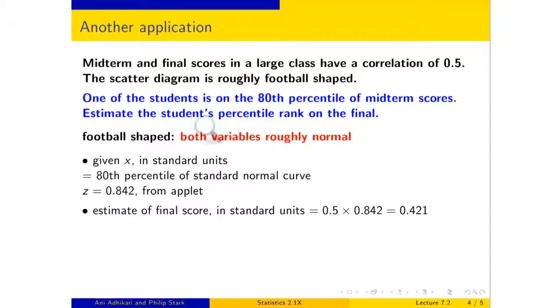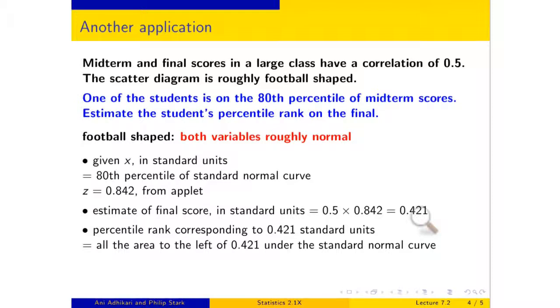Except I'm not. I'm asked for the percentile rank. So I need to figure out what percentile this is. In other words, I need to figure out what percent of students scored less than this in standard units. So in terms of areas under the curve, that's all the area to the left of 0.421 under the standard curve.